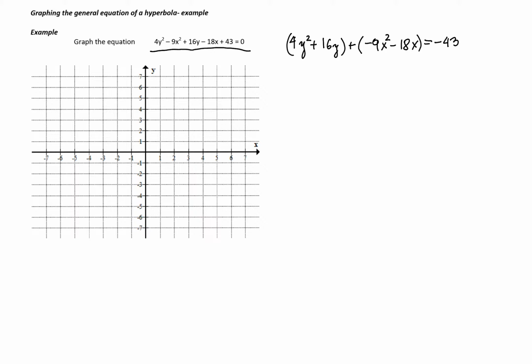From the group of y's, we'll factor out 4, so we'll have y squared plus 4y, and then we'll leave the place to complete the square.